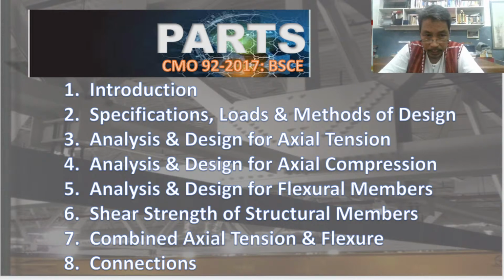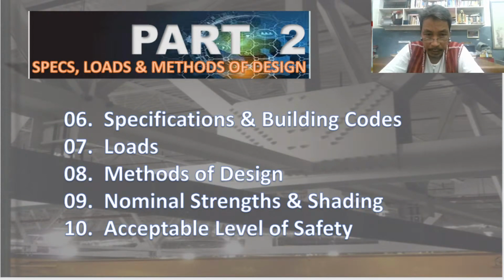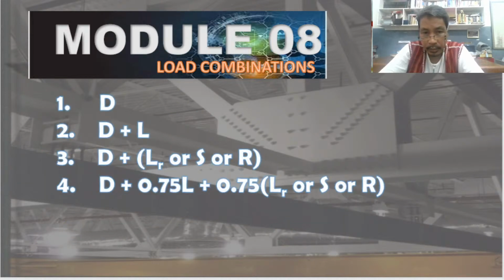So we have again the main topics. We are on the second major topic, under which we are on module number 8, part 3. Let us immediately proceed to the load combination that is used for allowable stress design.